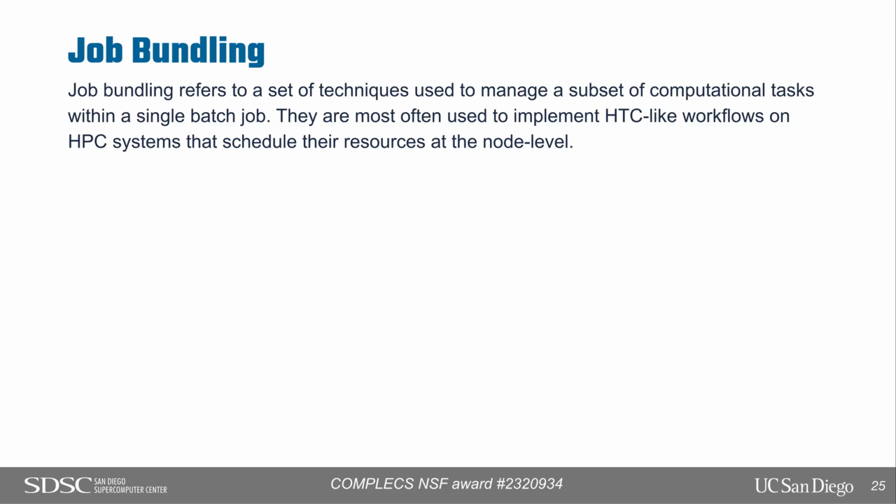And on a system like Expanse, you can actually launch those job arrays with a single core and let it go. On other systems, they don't allow you to do that, right? If you request a resource, it's at the node level, not at the core level.